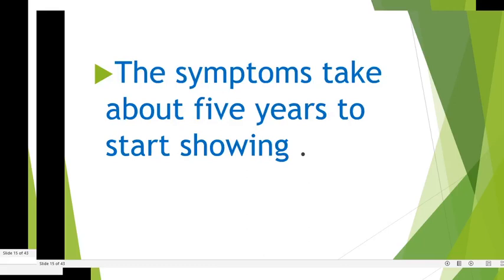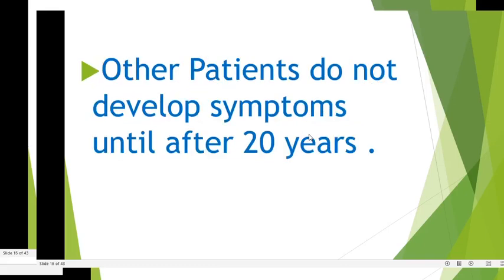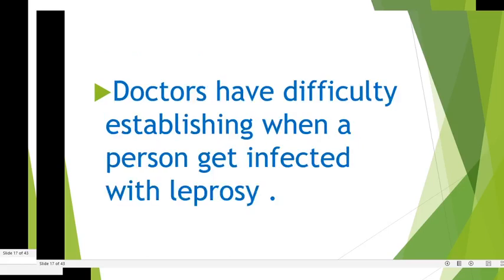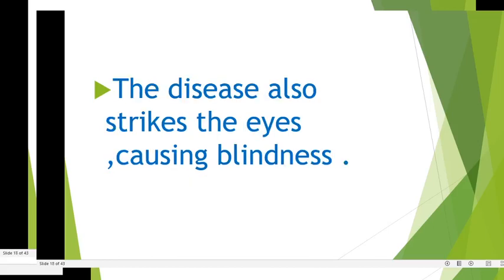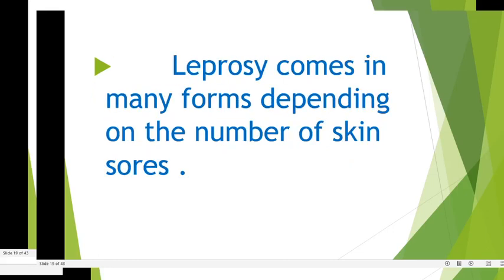The symptoms take about 5 years to start showing, and other patients do not develop symptoms until after 20 years. Doctors have difficulty establishing when a person got infected with leprosy. The disease also strikes the eyes, causing blindness.